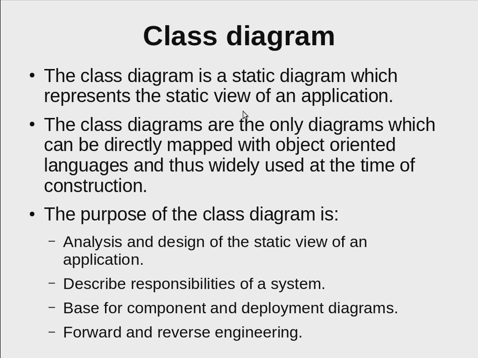A class diagram shows very precisely, with a one-to-one relationship, your object-oriented code as a picture. The class diagram is used to show the design of your system, describe the responsibilities of parts of the system, and can be used for forward and reverse engineering. So you can create your system from your class diagram, or you can create a class diagram from your system.